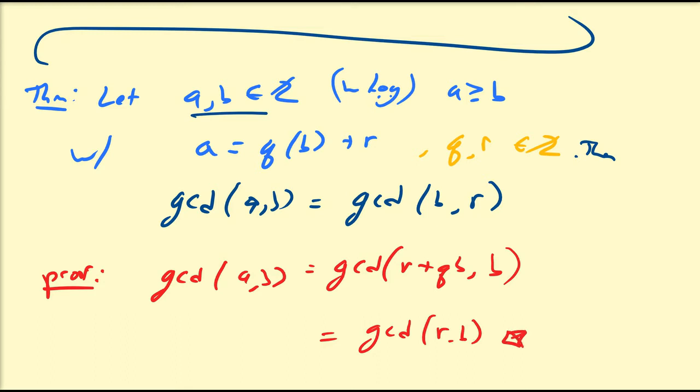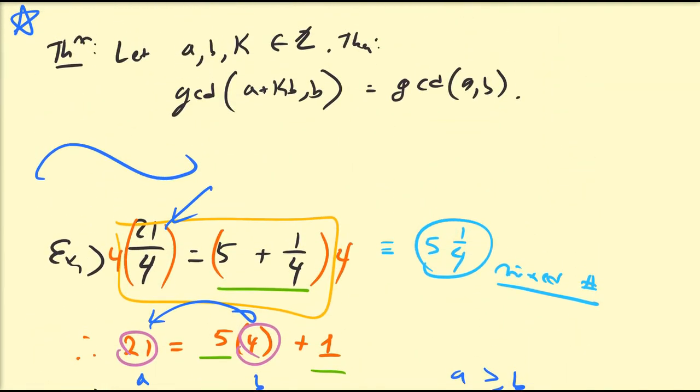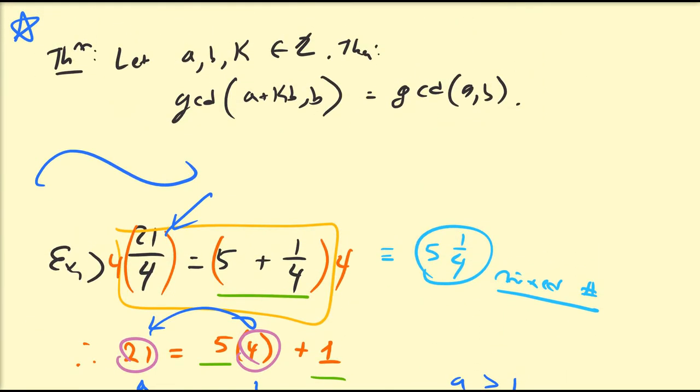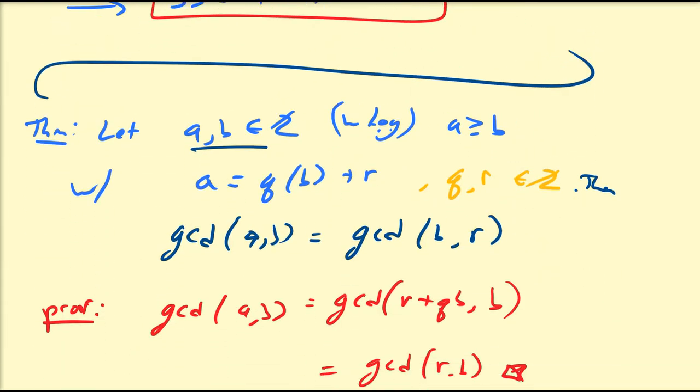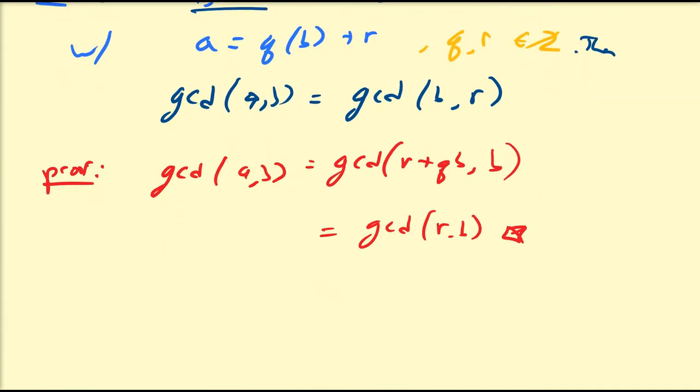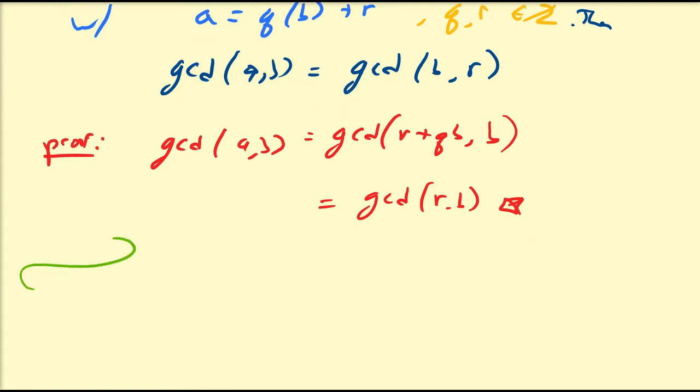So that requires the theorem that we started off with by assumption, right? Which was that the greatest common divisor of A plus KB and B is just equal to the greatest common divisor of A and B, right? So that gives us this result. And this result is actually really, really powerful, and you'll see why in a moment.